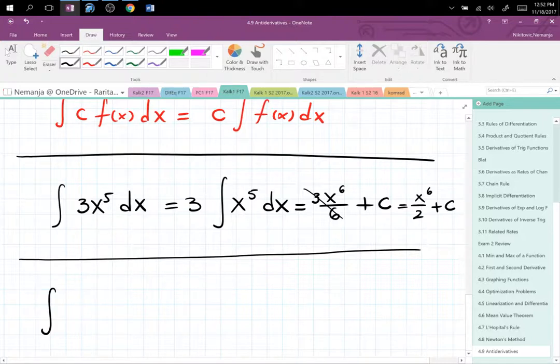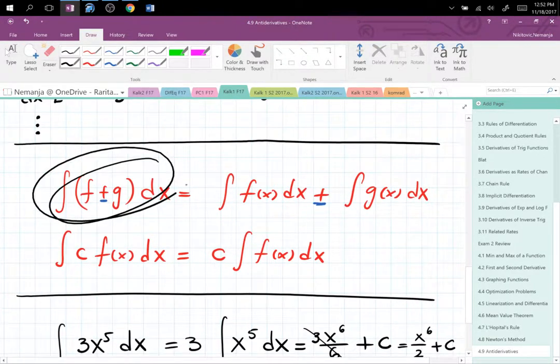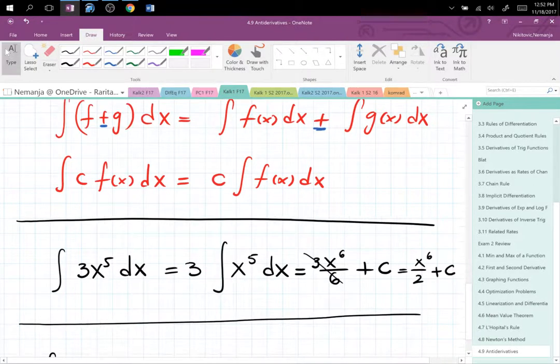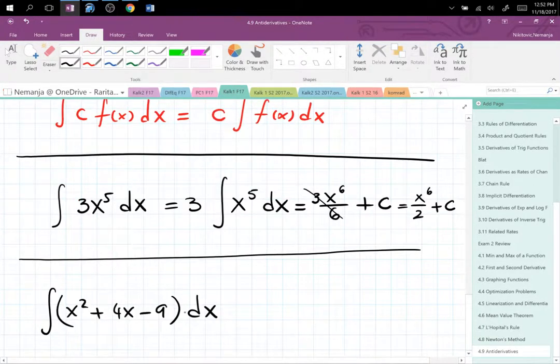Integral of x squared plus 4x minus 9. Observe that I'm using parentheses if I have multiple terms. I did use parentheses here as well when I show you the rule, because all of this is actually times dx. There is a times there. Now, it doesn't make any sense now. It will make sense in 5.1.